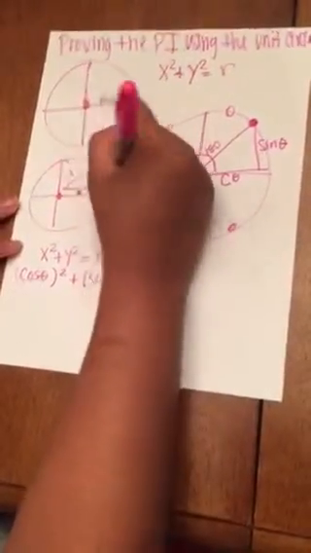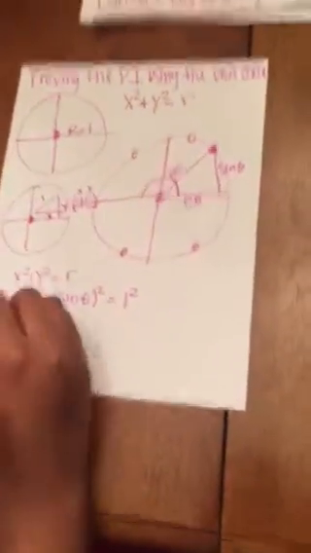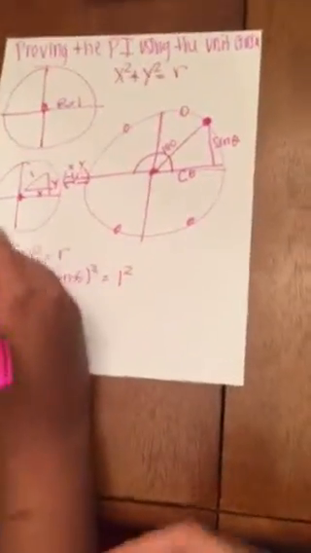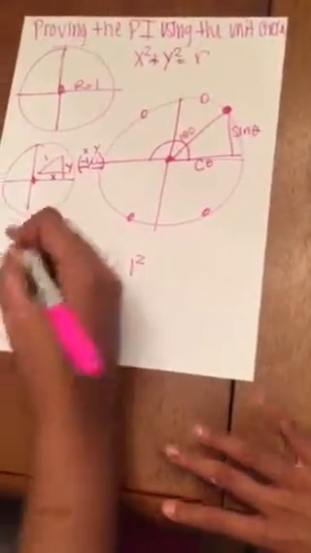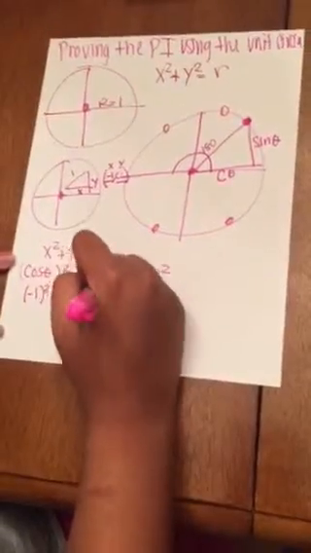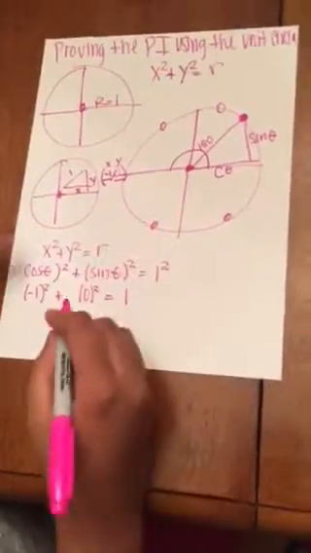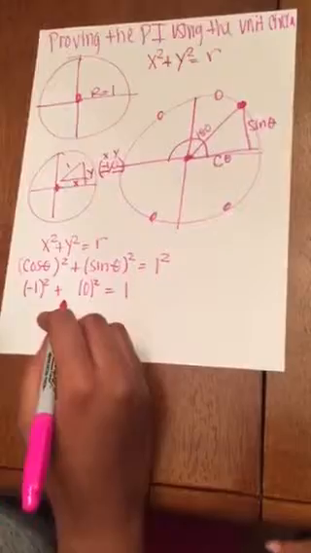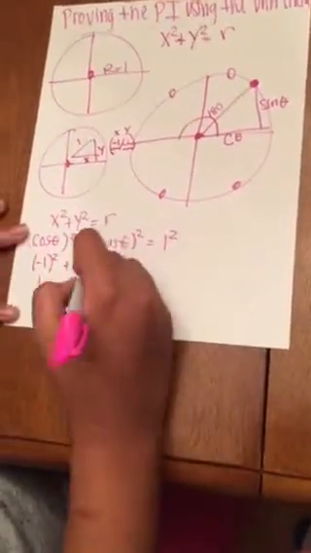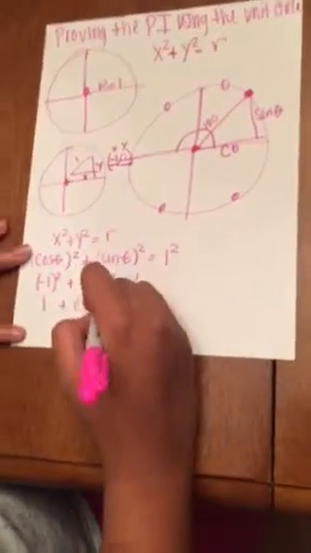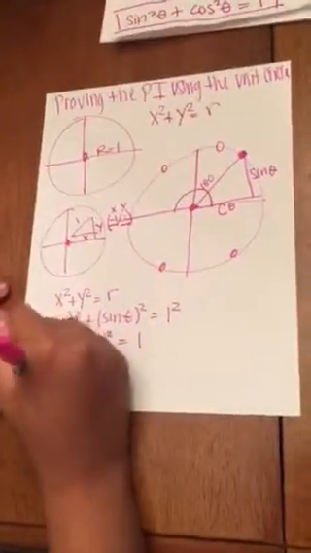So this is my x and this is my y. So if I come down and plug these into this equation, I would have -1 squared plus 0 squared equals 1. And a negative times a negative makes a positive, so this is just 1 plus 0 equals 1.